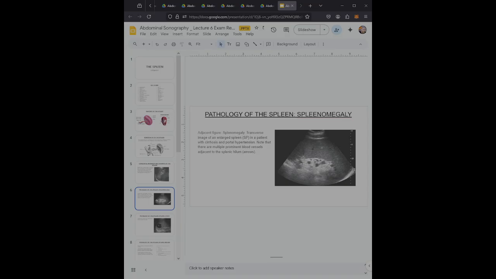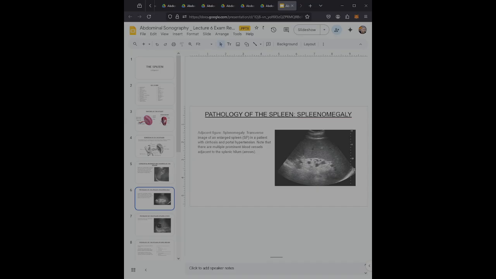As the spleen enlarges, it tends to become more hypoechoic, and one of the most common causes of splenomegaly is portal hypertension. And when portal hypertension is suspected, then the splenic hilum should be evaluated for evidence of abdominal varices.